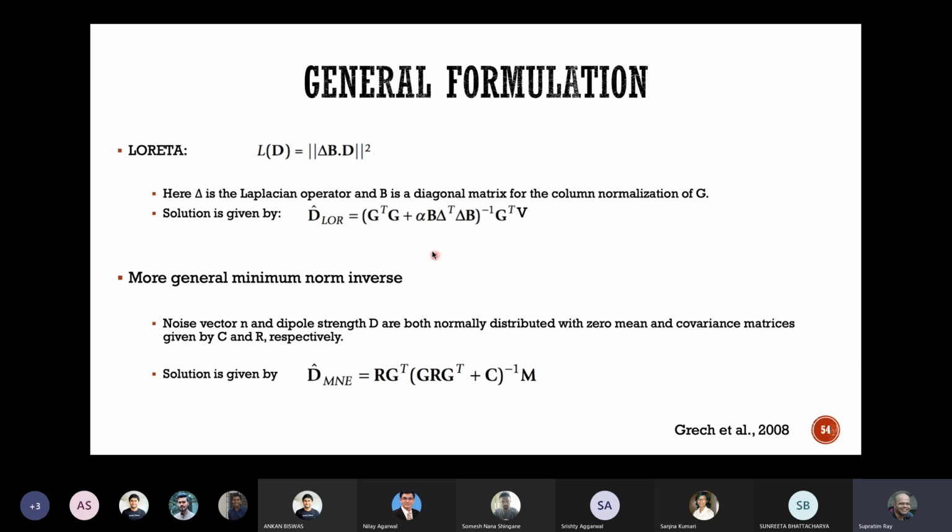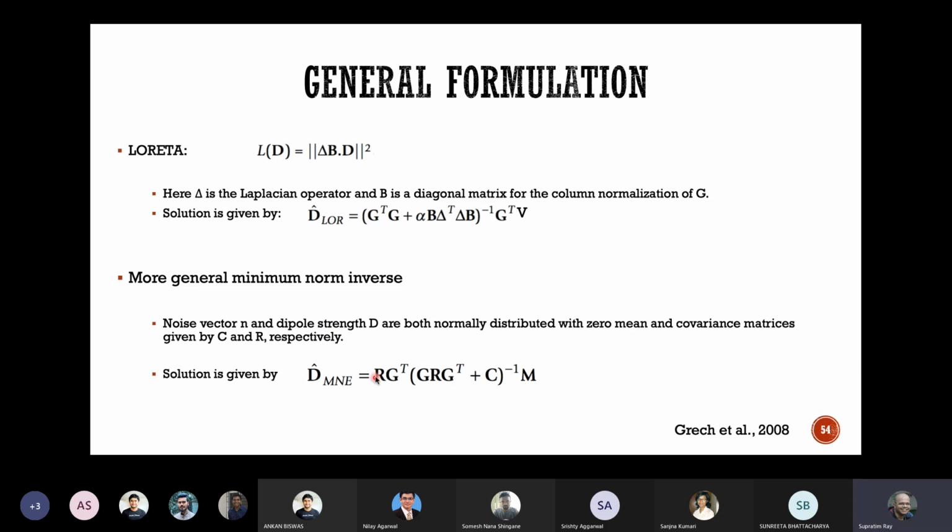And in general, if you assume that your electrodes and the dipoles are not independent of each other, but they have some covariance between them, given by these covariance matrices C and R, C for the electrodes, R for the dipoles, your minimum norm solution in this more general case becomes this.